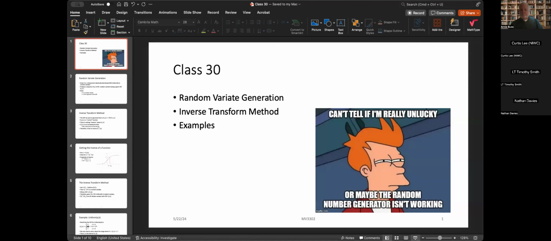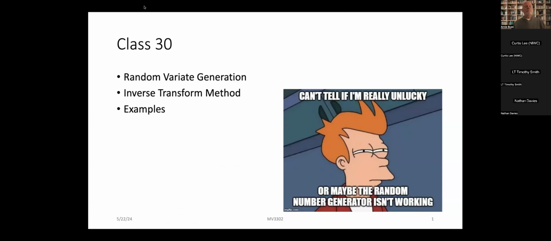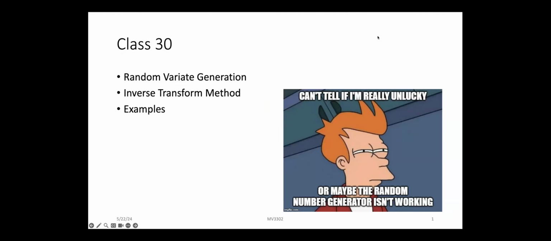All right, so yesterday we talked about random number generation, which is a whole topic in itself. The important takeaway is that we can assume we have the raw materials for creating the random variables that we want.